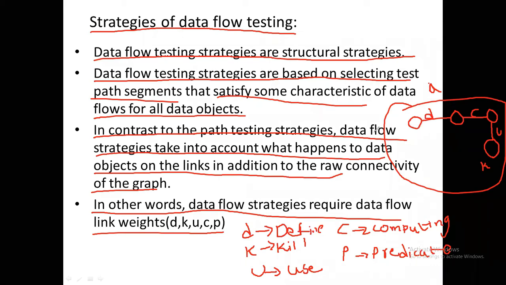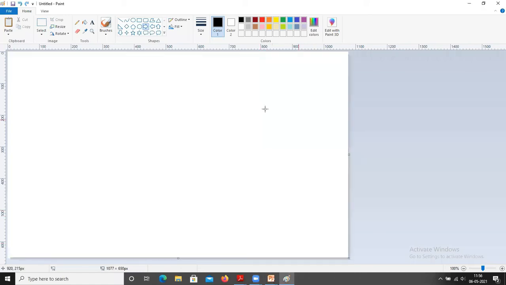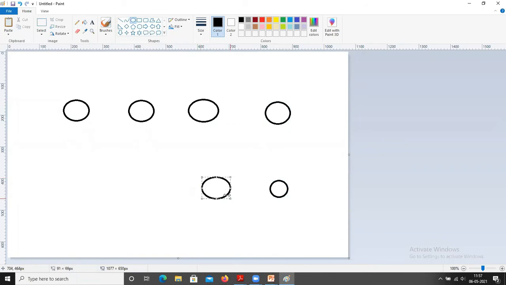Now we see one control flow graph. These are the nodes, and this is the path.